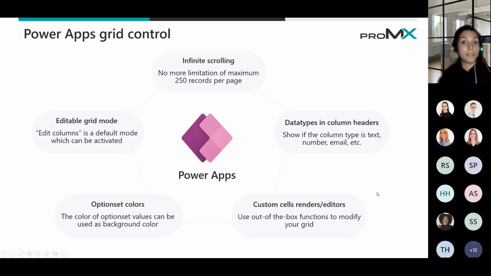And another great and probably newest big feature is that you can now customize renderers or editors. That means you can use out-of-the-box functions to modify your grid. For example, what a lot of you maybe know is to use PCF controls. It's now possible to add PCF controls really easily to this new kind of grid.